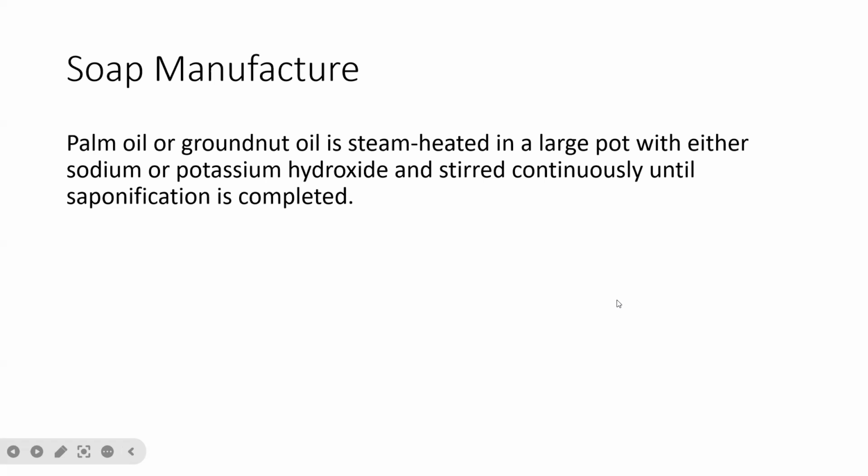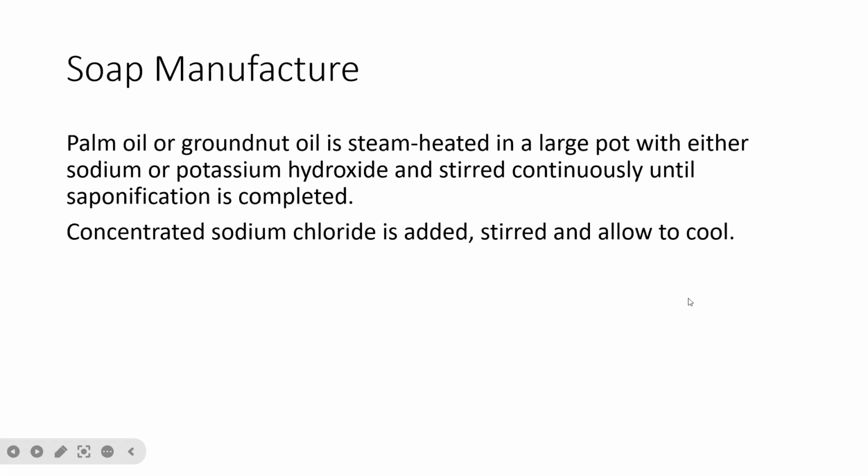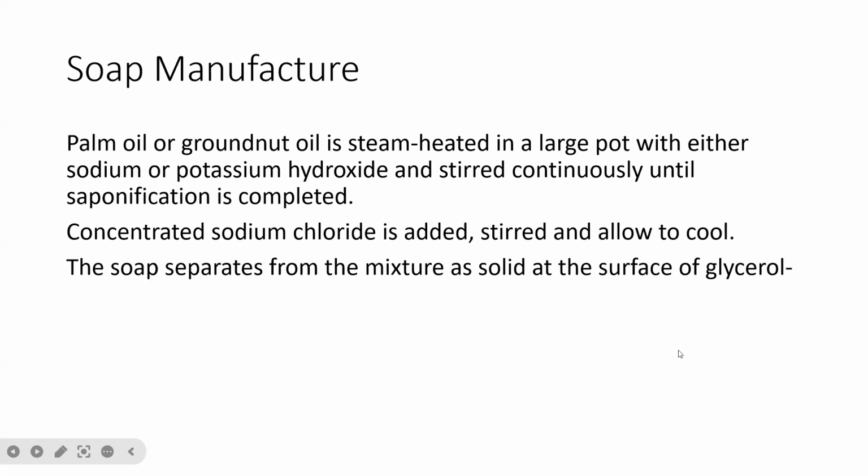Then this soap is now poured into a mold. But before you do that pouring into a mold, concentrated sodium chloride is added, stirred and allowed to cool. You need to understand what role concentrated sodium chloride is playing there. This concentrated sodium chloride will actually cause the soap to separate from the mixture.